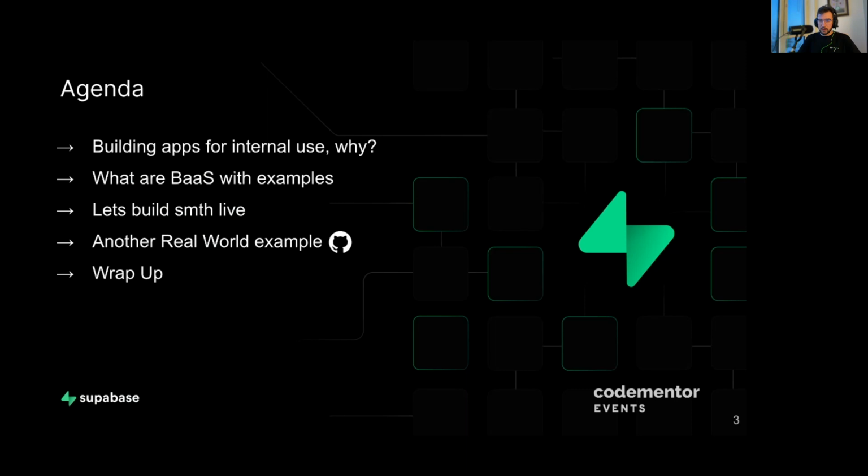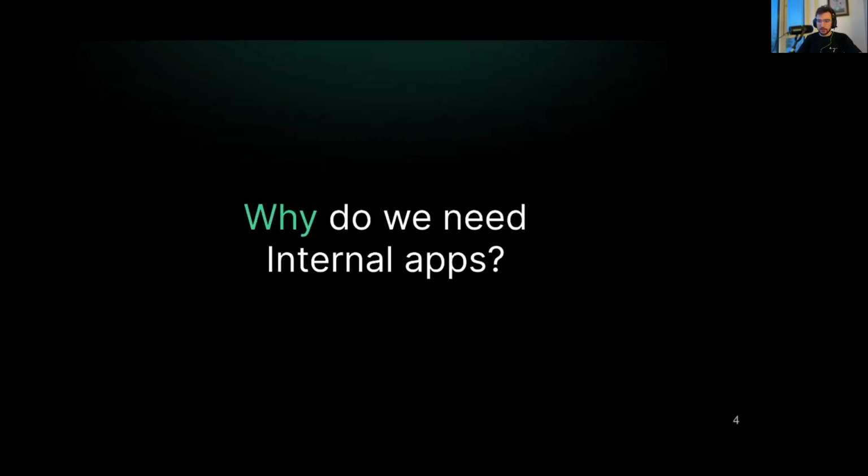And at the end, I will show a real life working example built with Pocketbase for running performance tests in Supabase. And then we will have some time for Q&A sessions, some comments, and just a friendly discussion.